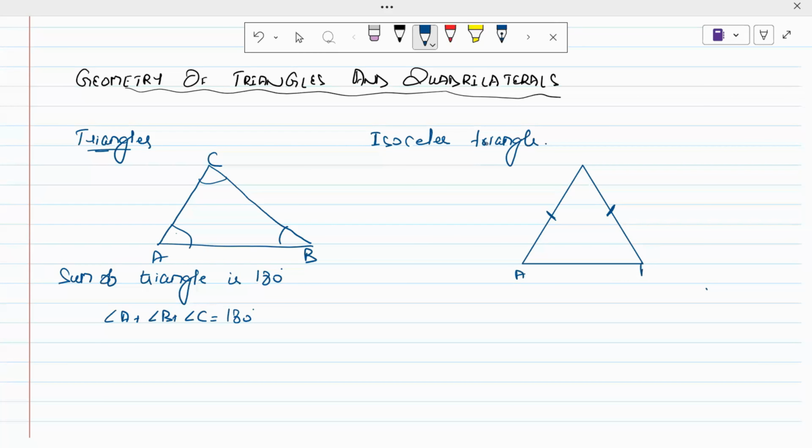If, let's say, this is ABC, so in this case the sides AC and BC would be equal. So for an isosceles triangle, we always have two equal sides and two equal angles.